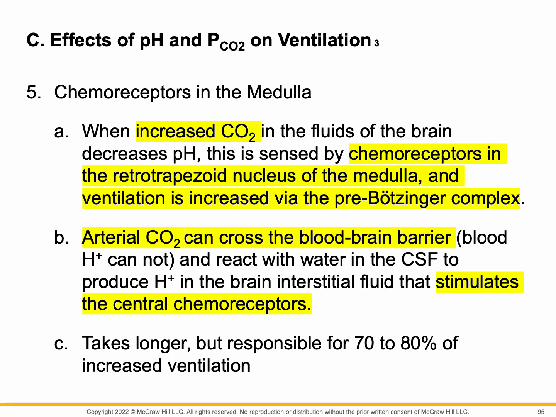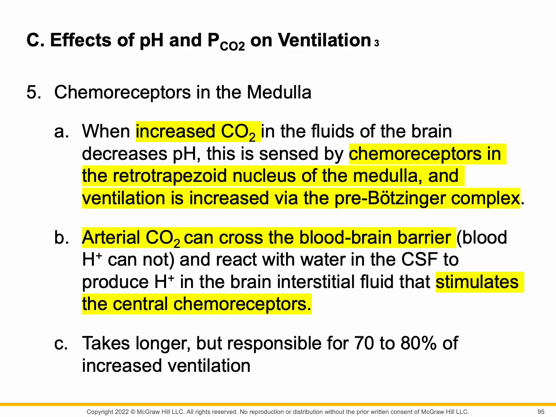In the medulla, there are chemoreceptors. When increased carbon dioxide in the fluids of the brain decreases the pH level, this is sensed by these chemoreceptors in the retrotrapezoid nucleus of the medulla, and ventilation is then increased by way of the pre-Bötzinger complex. The arterial carbon dioxide can cross the blood-brain barrier.